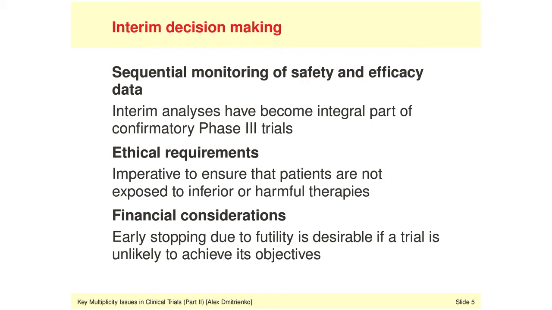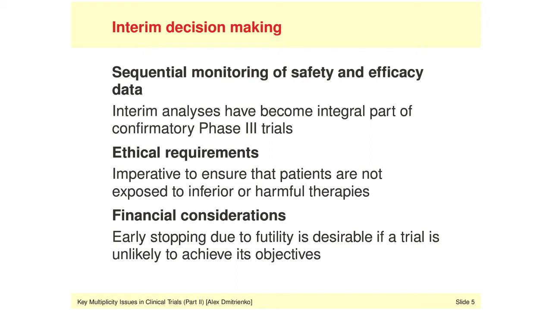Sequential monitoring of safety and efficacy data is driven in general by the following ethical and financial considerations. Beginning with ethical requirements, it is broadly recognized that it is critical to ensure that patients are not exposed to harmful therapies.